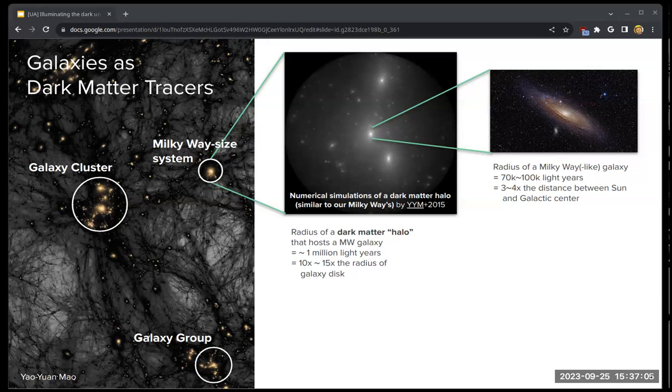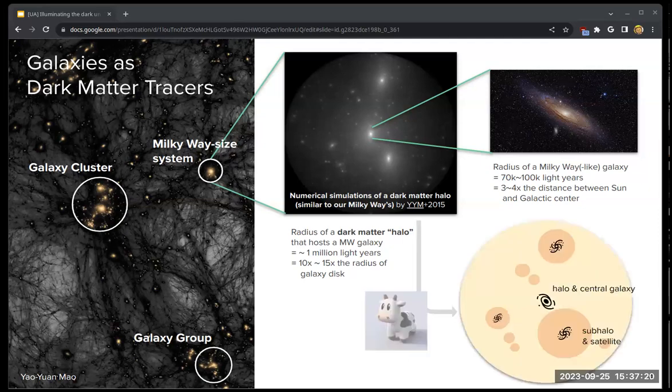And then you can also see that there are multiple high density regions in that plot. So that means besides the central galaxy living in the very center, you could have other galaxies living inside the structure. As physicists, we like to assume everything is spherical. So usually we would say, well, let's call this whole thing a dark matter halo.